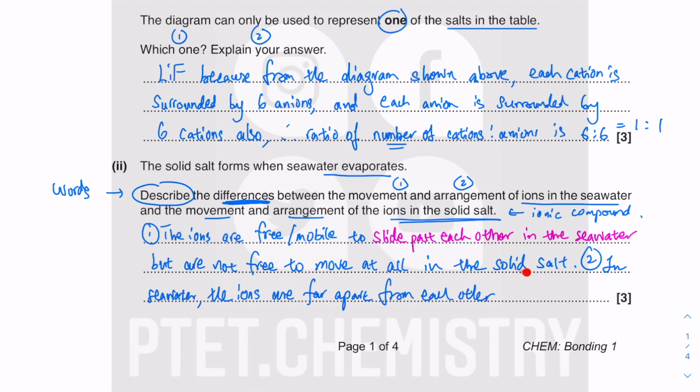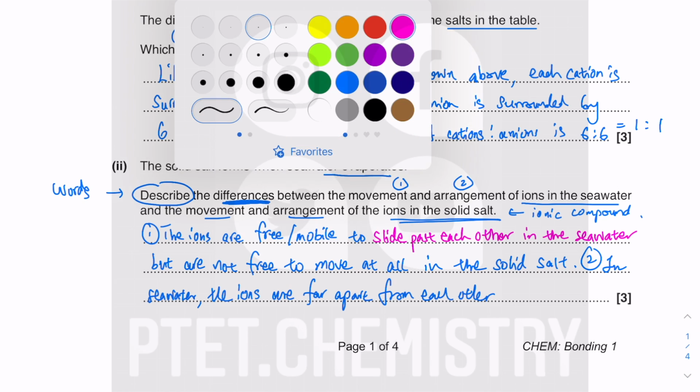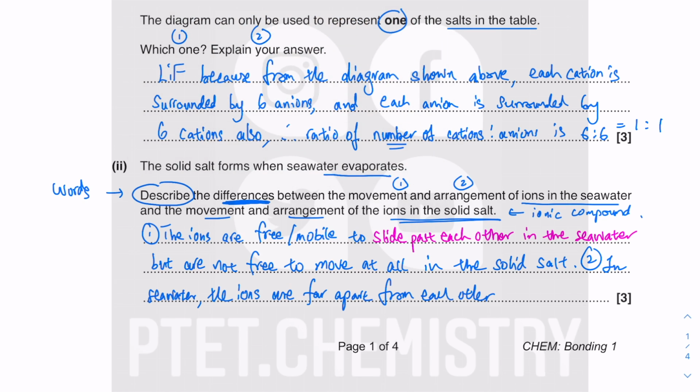But they are not free to move in the solid state. Going back to arrangement, in seawater they are far apart from each other, with water molecules in between, because you have a lot of water.